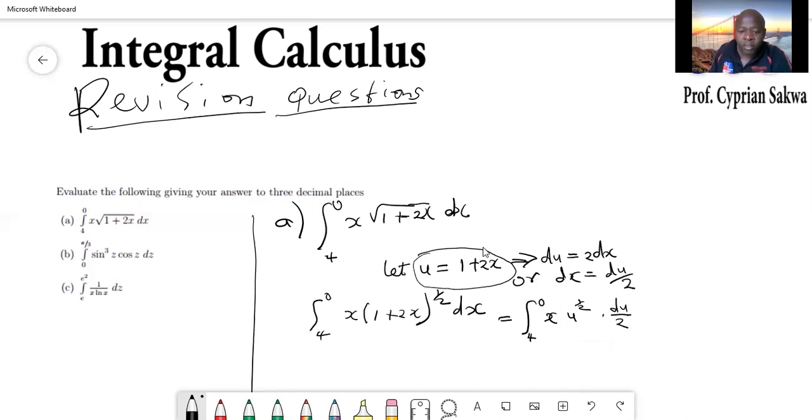If I make x the subject, I would have x equal to u minus 1 over 2. Remember that every time you are using the substitution method, you must get rid of x. So if you've chosen to write x in terms of u, everything must be in terms of u. So let's now just do that.